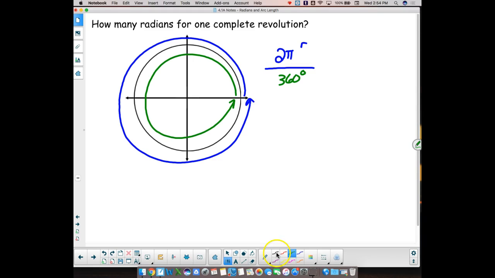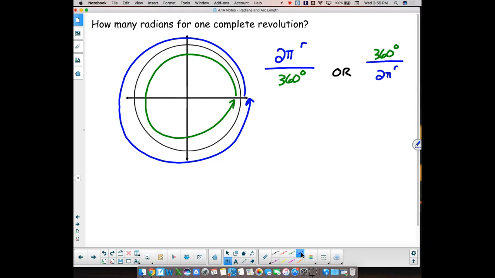Likewise, 360 degrees divided by 2 pi radians is also a fraction equal to 1.